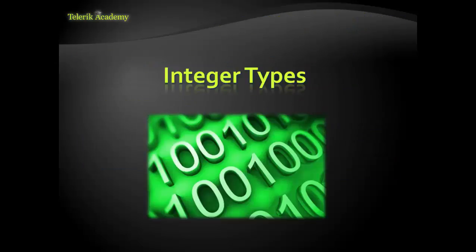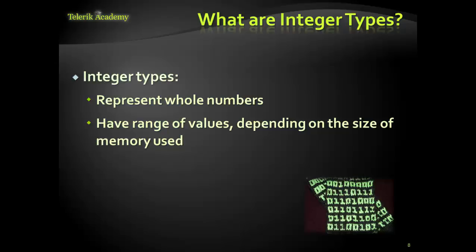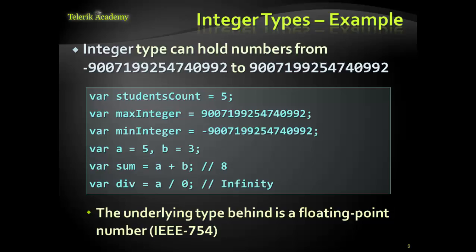So let's start with the basic types, integer types. Integer types are whole numbers, as you all know. And just as with any numbers in any programming language, the range of the number depends on the size of the memory that we allocate to store this number. So same goes here.